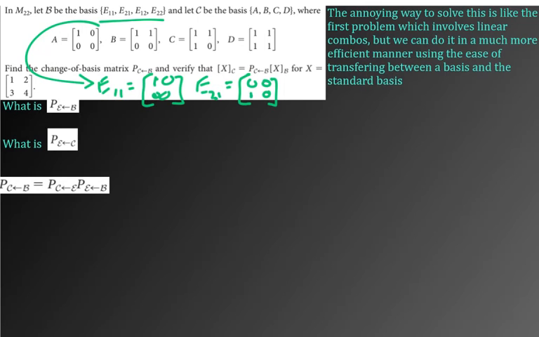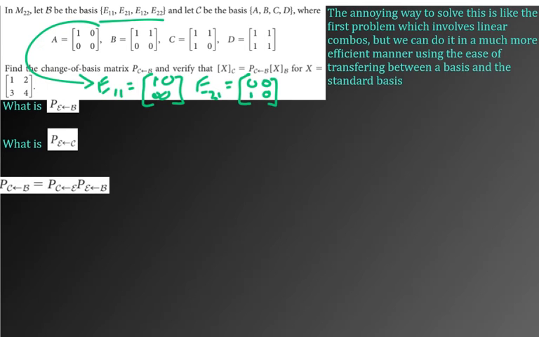So, there's a cool little trick that we can do here, all right? We can write the matrix that sends B to the standard basis and C to the standard basis really quickly, because we can just look at my basis B or C and copy it into a matrix, right?